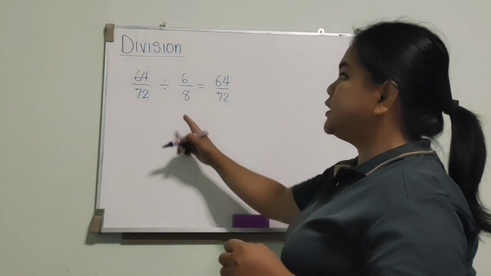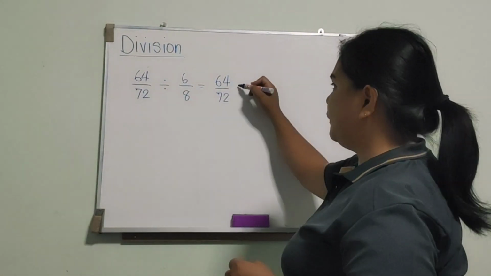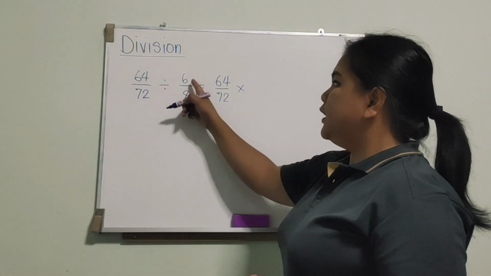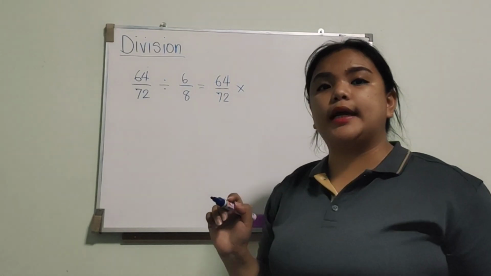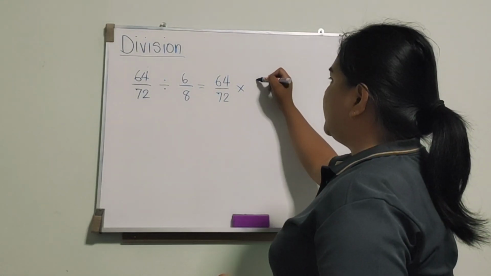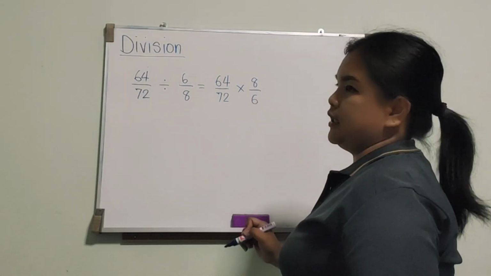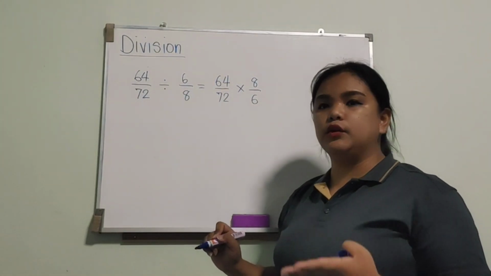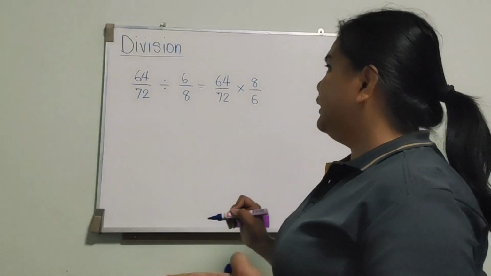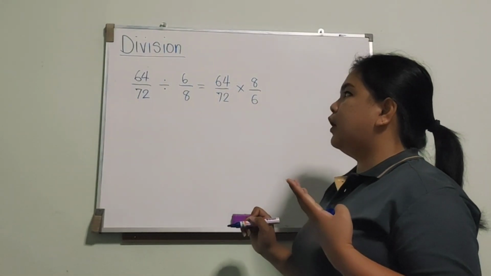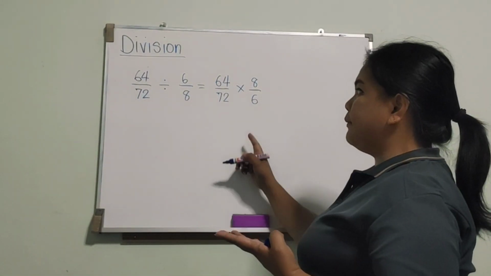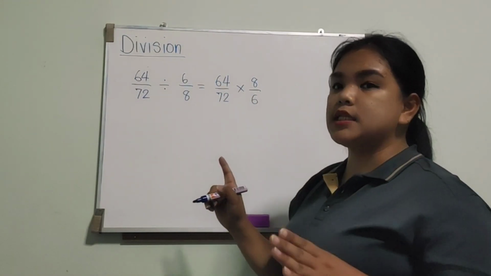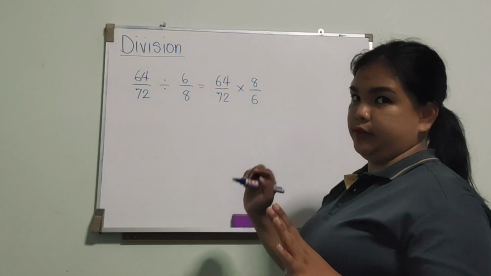Next, change the sign into multiplication, which is multiplied by. Next, get the reciprocal of the second number, so you will get 8/6. And then, try to cancel, or divide, the numbers opposite to each other, like numerator and denominator only. You cannot cancel numerator and numerator.